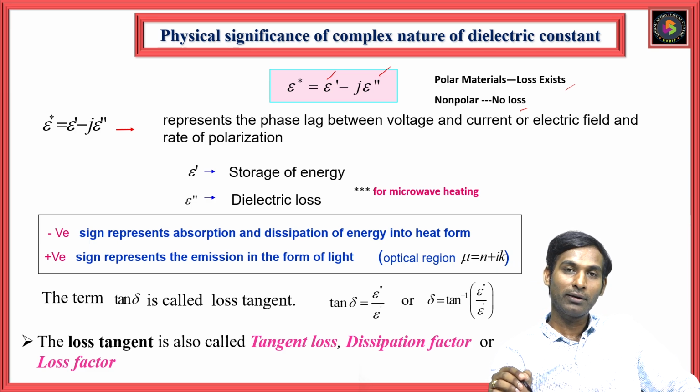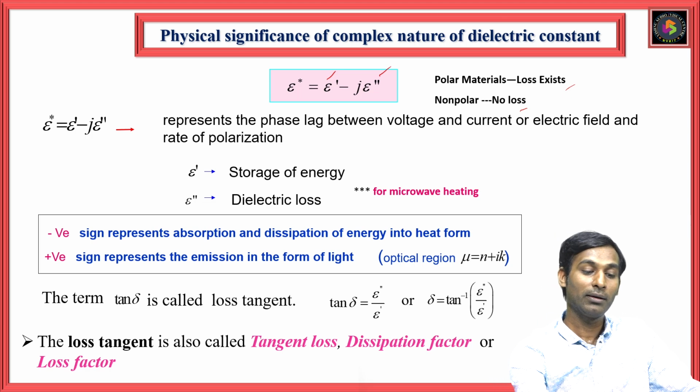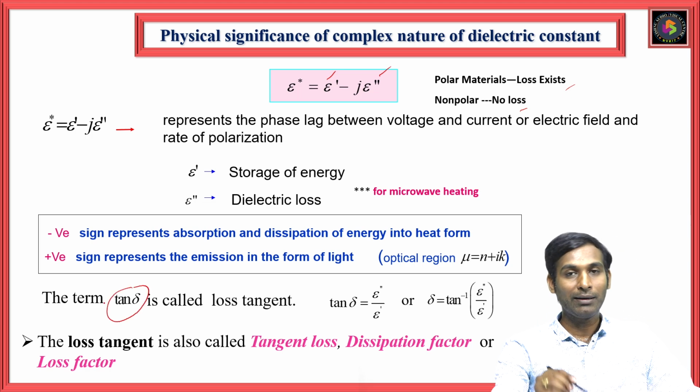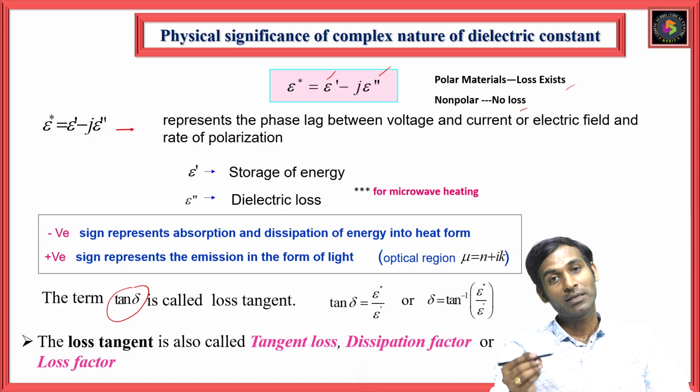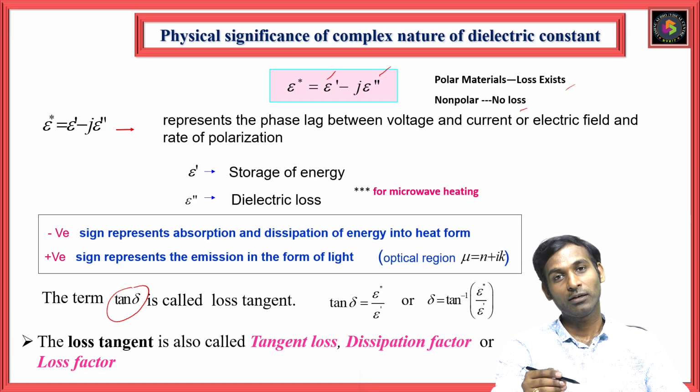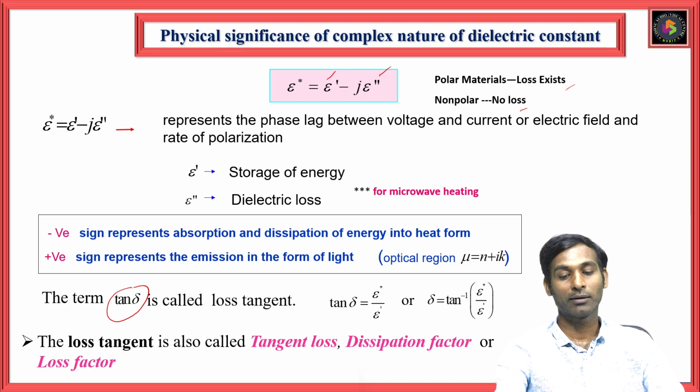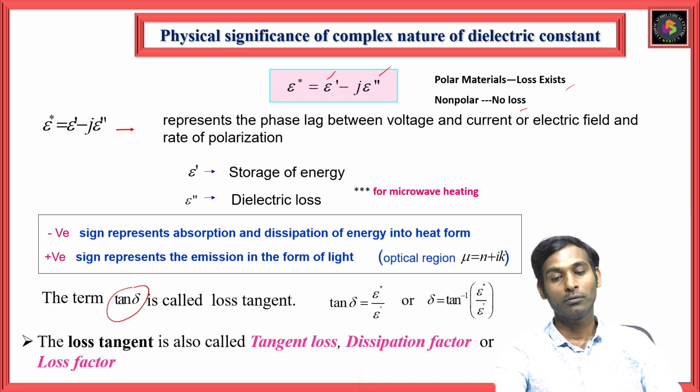For the physical significance of dielectric material, we are calculating tan delta. Tan delta is equal to the imaginary part divided by the real part. It is also the loss factor. You can see here tan delta is equal to epsilon double prime divided by epsilon prime.